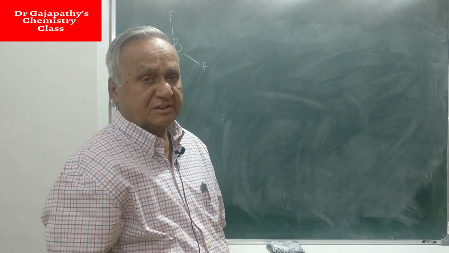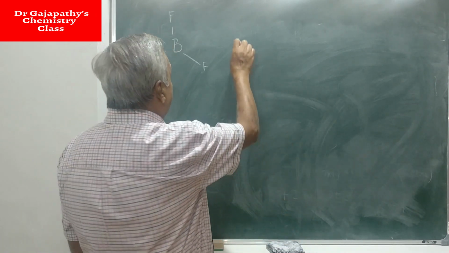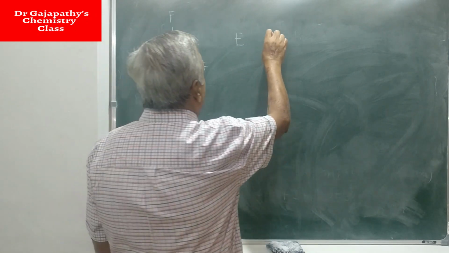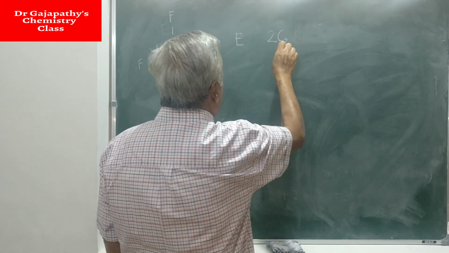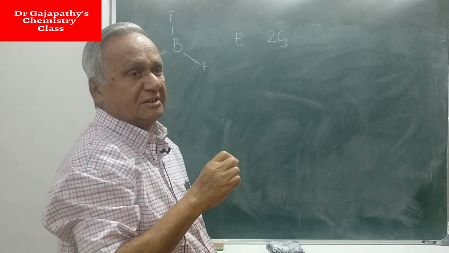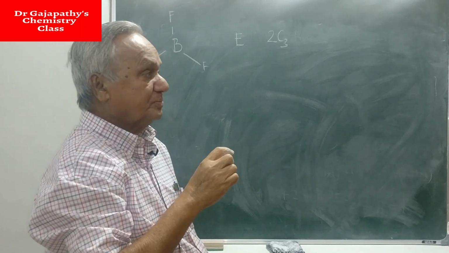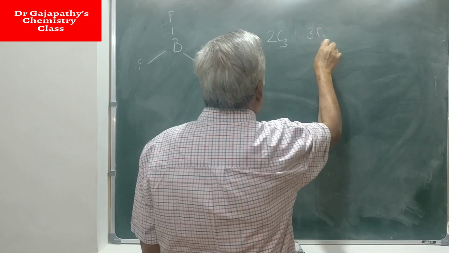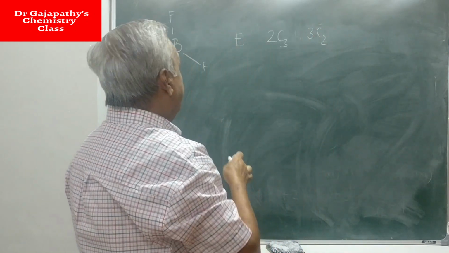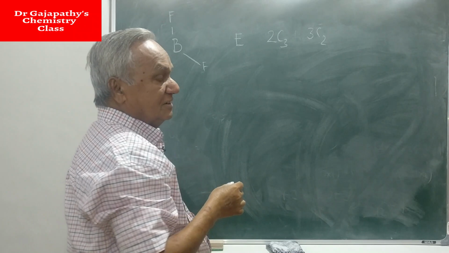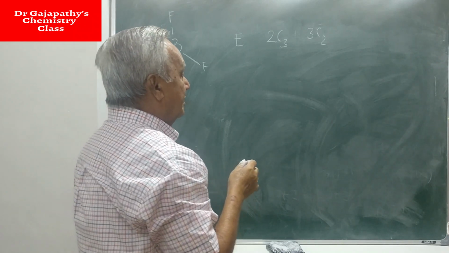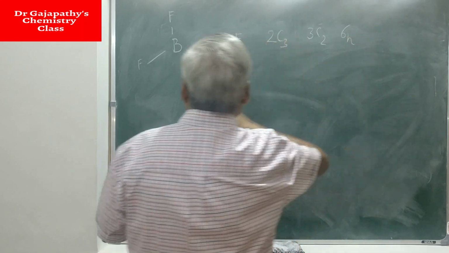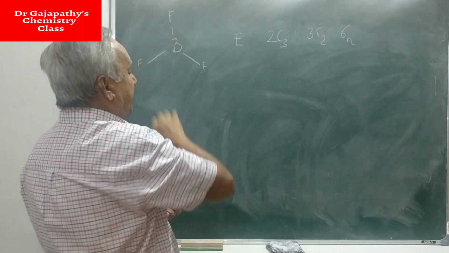The operations that are present in this molecule are an identity operation, C3 1 and C3 2, which both belong to the same class, so I write it as 2C3, and 3C2. Each BF bond is a C2 axis, so 3 C2 are there. And a sigma h, a horizontal plane, is there.